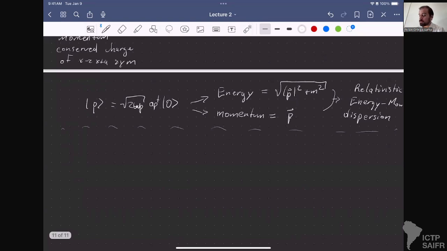But you can imagine that as before, we can have multiple raising operators acting on the vacuum, and those form new states. So an easy definition of a new state will be this: square root of 2 omega p1 times square root of 2 omega p2, the raising operator a p1 dagger and the raising operator a p2 dagger.